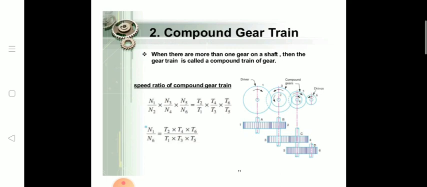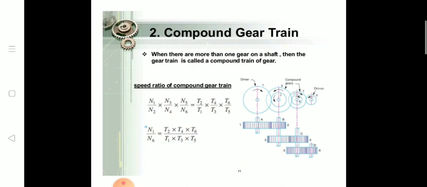So in this equation n2 equals n3 and n4 equals n5, so n2 and n3 cancel, n4 and n5 cancel, so we have n1 upon n6 equal to t2 multiplied by t4 multiplied by t6 divided by t1 multiplied by t3 multiplied by t5.